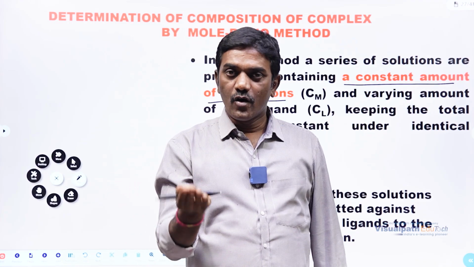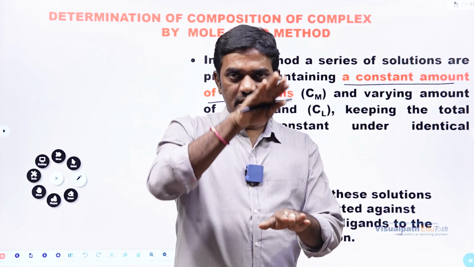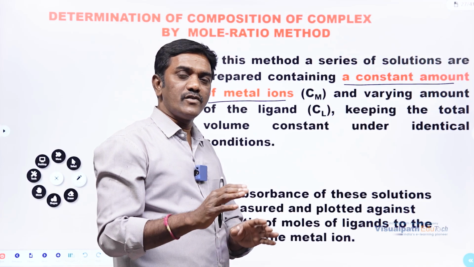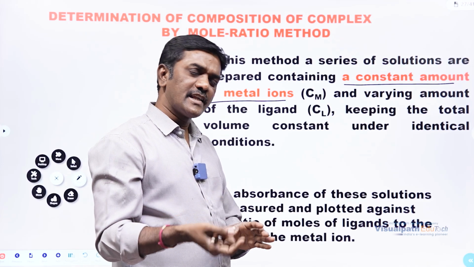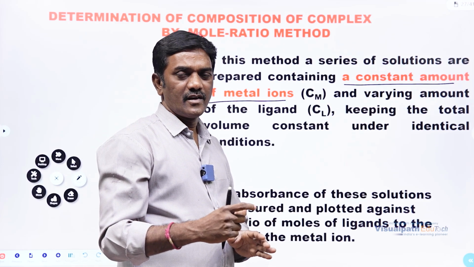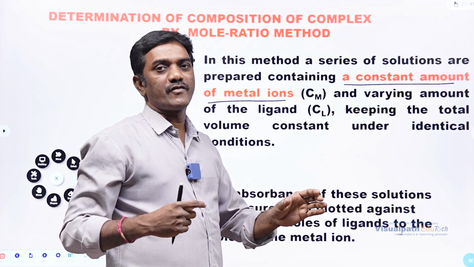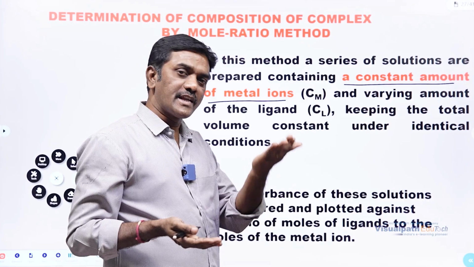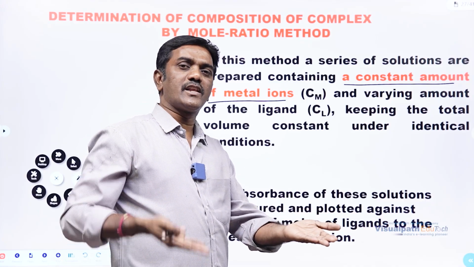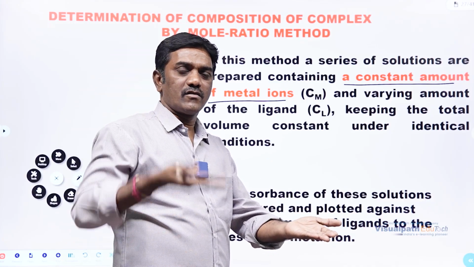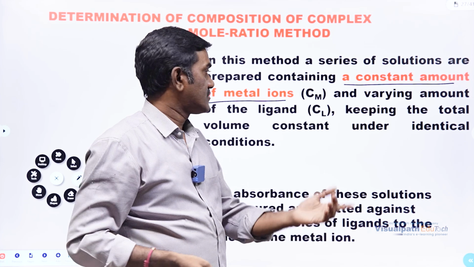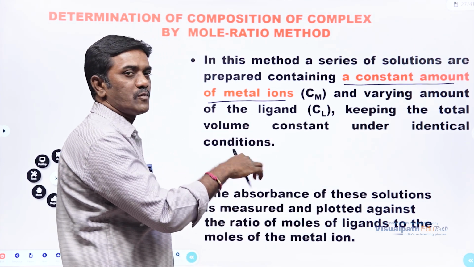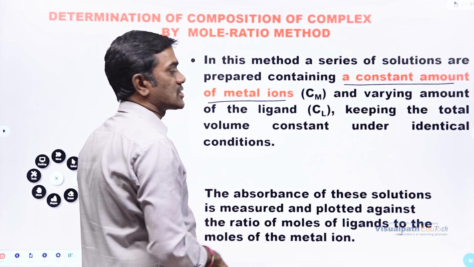We keep the volume of metal constant. The compositions we vary are not changed together simultaneously. We take one as constant and increase the volume, and obviously the concentration, of ligand.